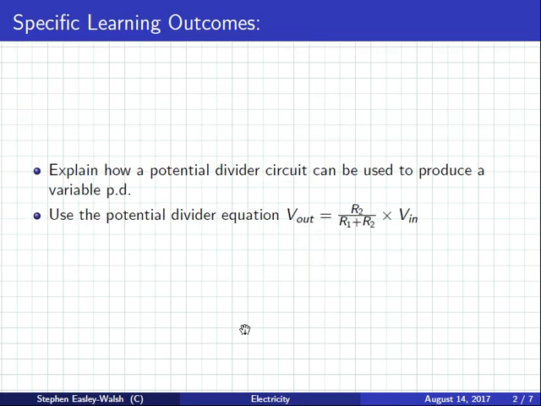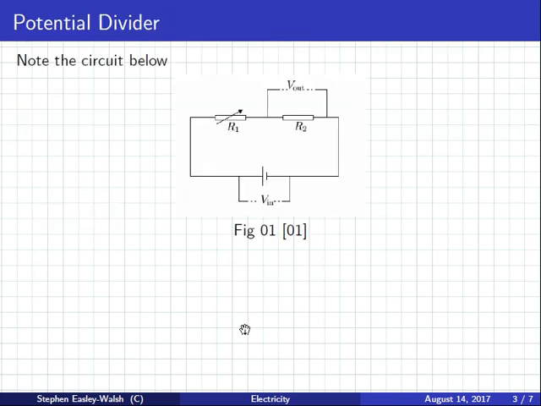Okay. Now, let's have a look at this circuit here. Again, this is another important circuit. In this circuit, we have R1, which we can change, and R2, which is fixed. We have a voltage that goes in from a cell, and a voltage that we measure on the R2.